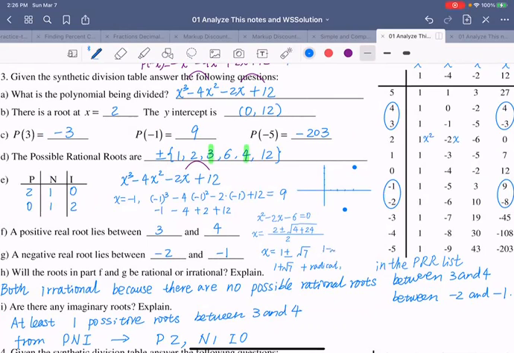And 1 minus square root 7 is a negative radical. Okay, a radical number is an irrational number.